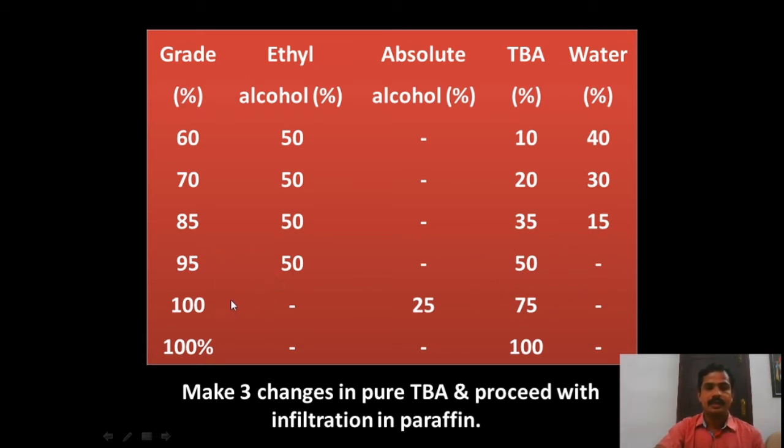Then 100% grade, absolute alcohol 25%, tertiary butyl alcohol 75%, then 100% grade, that is only tertiary butyl alcohol. Make 3 changes in pure TBA and proceed with the further infiltration in paraffin.